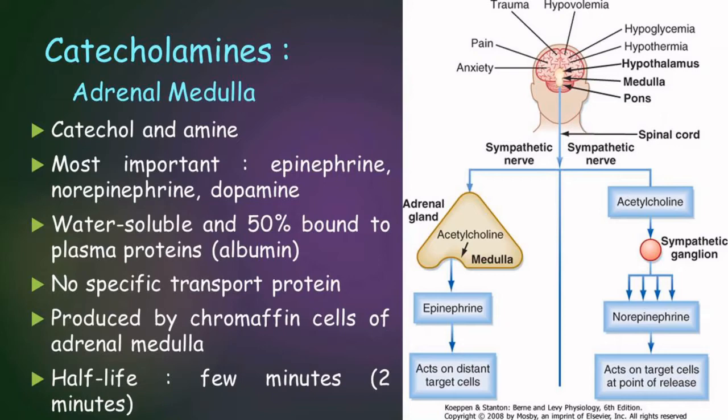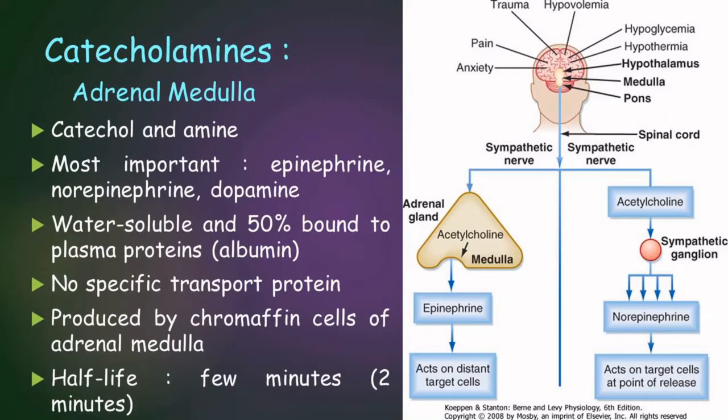Hypovolemia is a condition where your blood volume is very low, trauma, pain, anxiety, etc. These external factors can activate the hypothalamus and thereby activate the sympathetic system, which activates the adrenal gland, and there is a release of acetylcholine causing the release of epinephrine, and epinephrine acts on distant target cells.